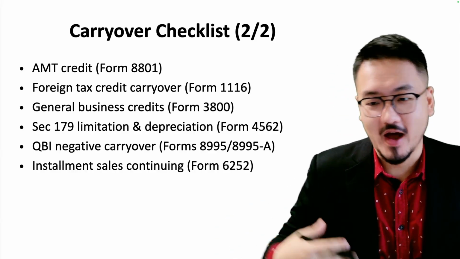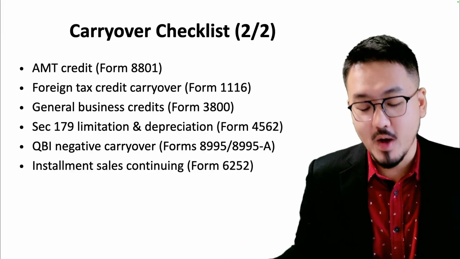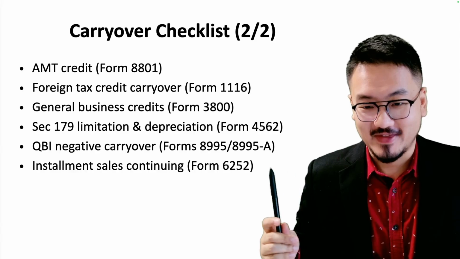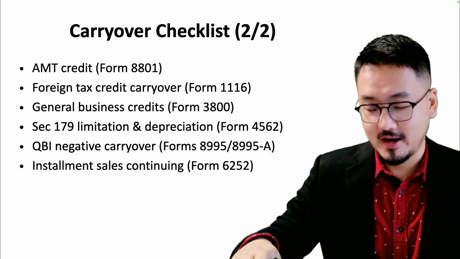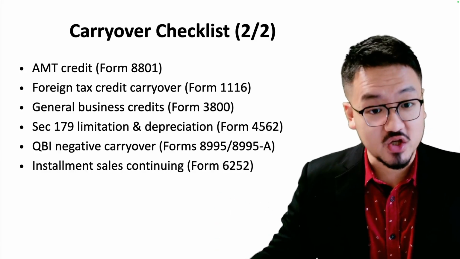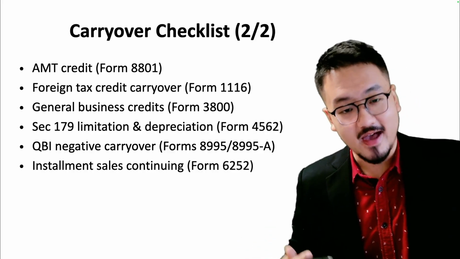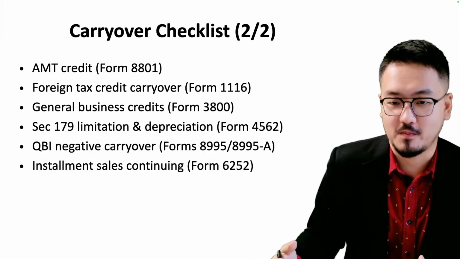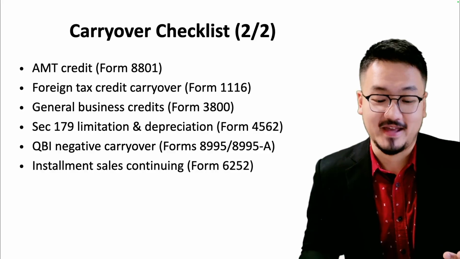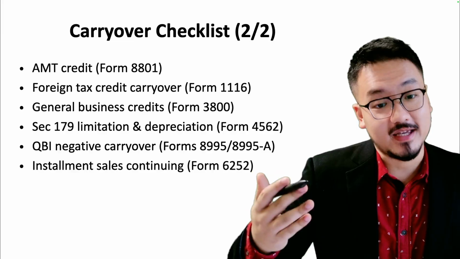Most of my clients, most of the time, are in the scenario of exercising some incentive stock options. If you exercise those, it's a typical AMT trigger, so you pay the AMT tax and then you generate the AMT credit.